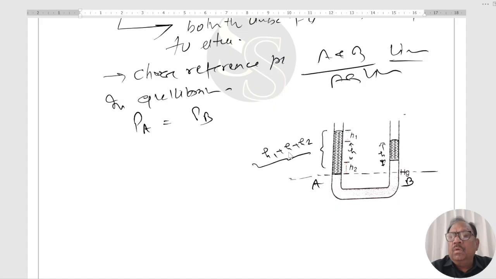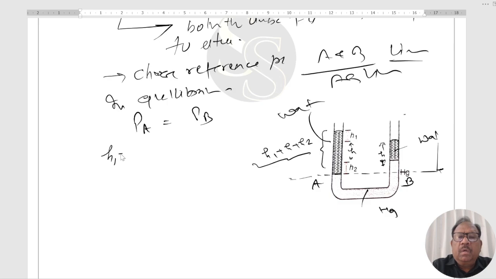So this is water, and this is mercury. Then for the other side, only water is there. H rho G concept.